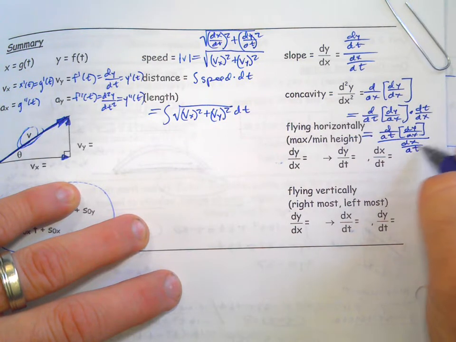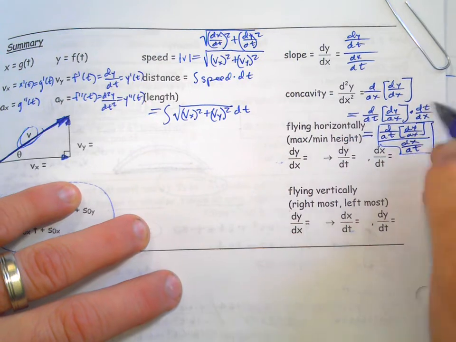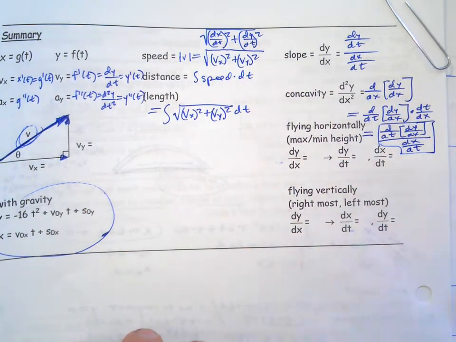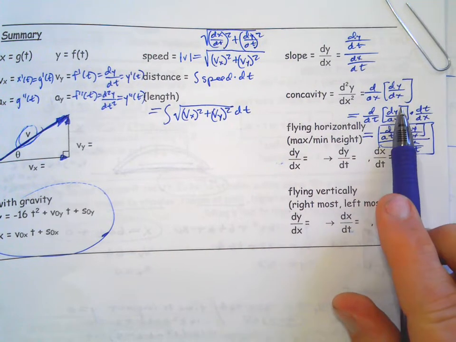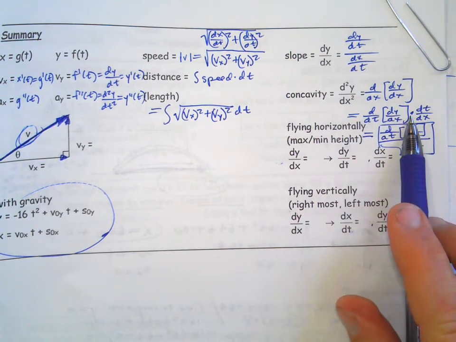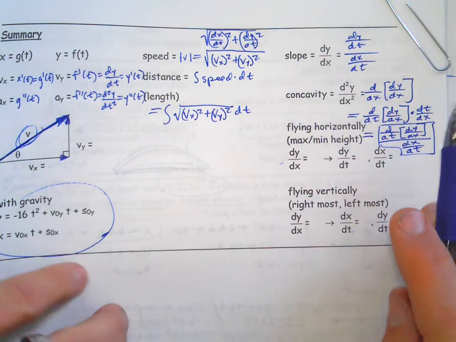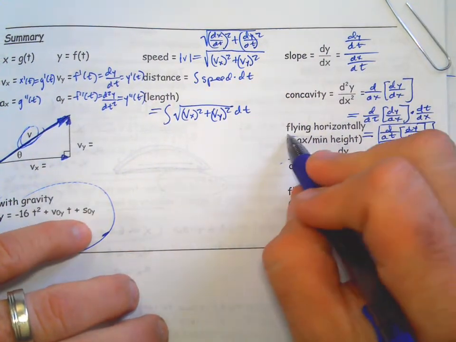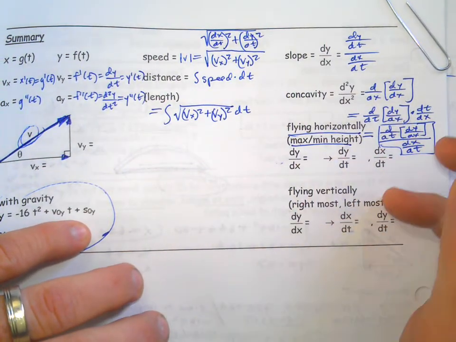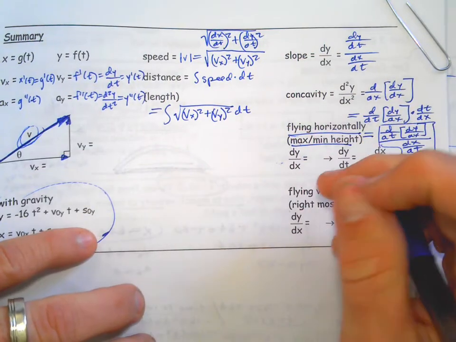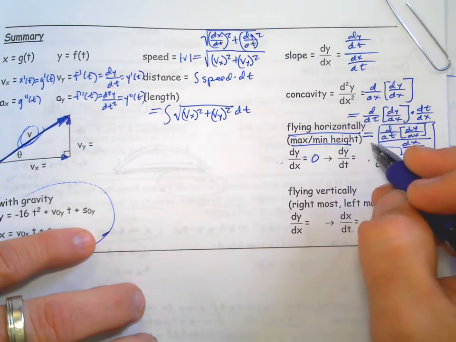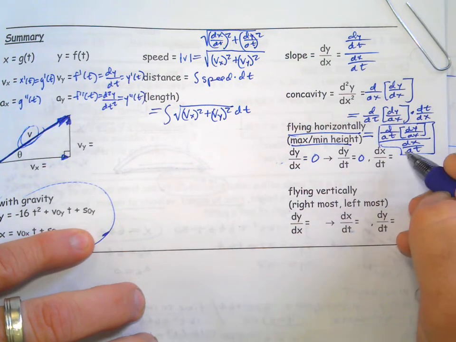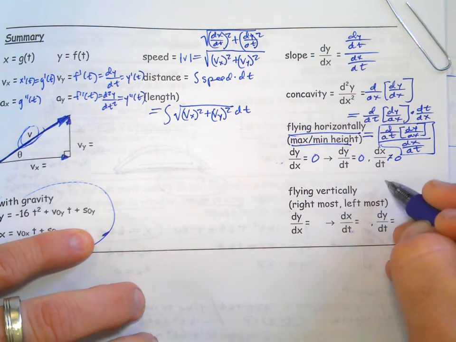I mean, you can try and memorize that, but if you can figure that out, then it's hard to memorize. And I feel like if you guys can follow that idea of implicit differentiation, you can get it right every time. Flying horizontally, which is also where we consider maximum height, also endpoints, but it's when the slope of the tangent is 0, which is when this is 0 and this is hopefully not 0.